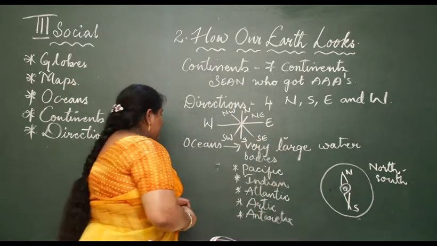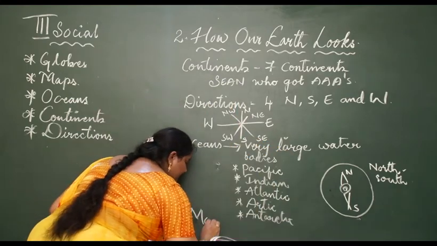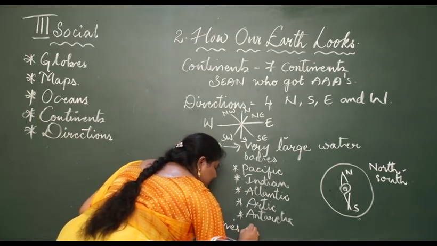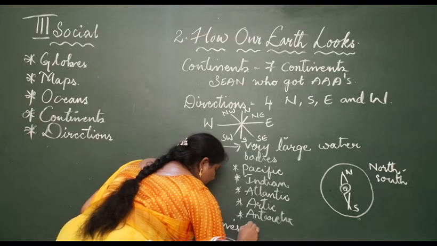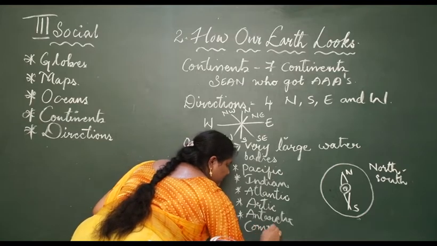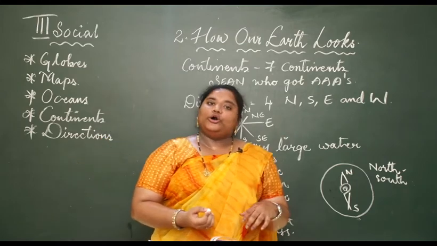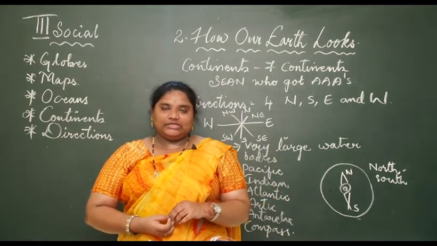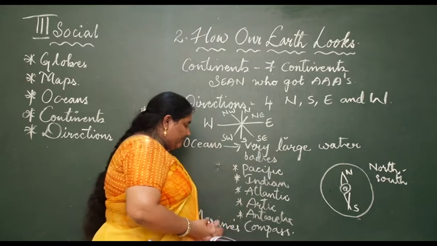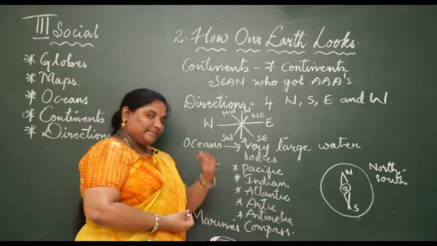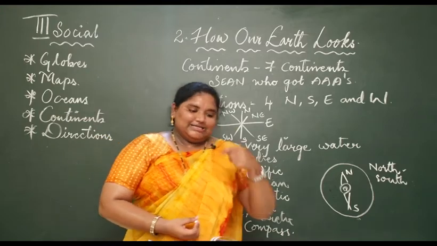What is it? Mariner's compass. Marine is the word which stands for something which is found in the sea, like animals or salt or other things. That is why it is named after the sea and used by the sailors. Mariner's compass is used by the sailors.